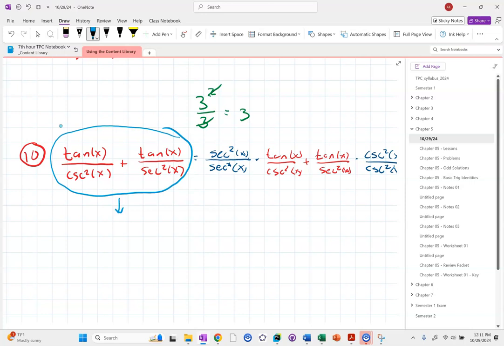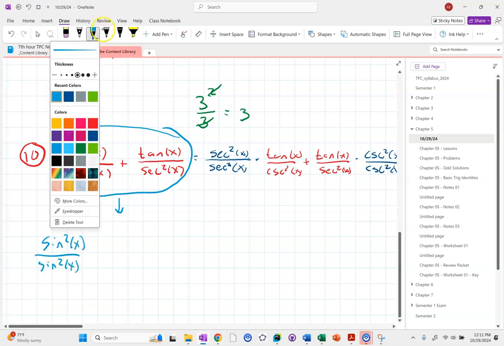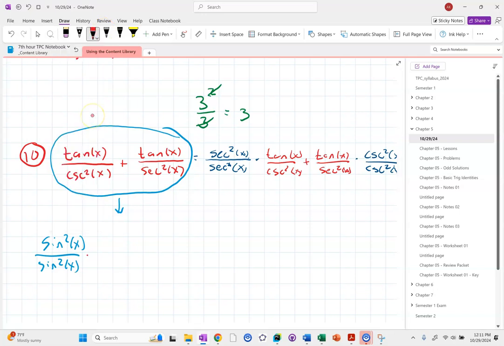Cosecant is 1 over sine, so cosecant squared is 1 over sine squared. If I multiply that first fraction by sine squared over sine squared, the bottoms are just going to cancel out, right?